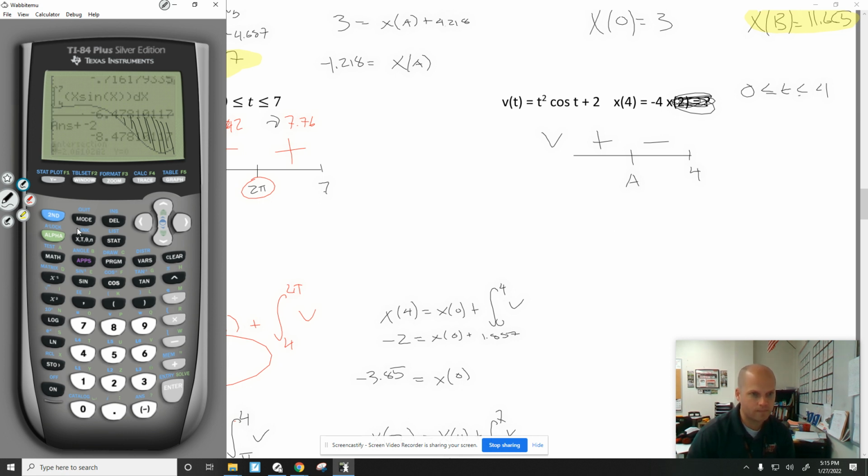(2.06102). Store that as A. X, store it as A. All right. So furthest right is X of A. I will find that in a second.